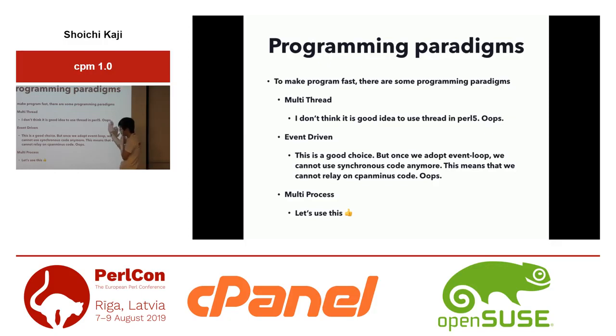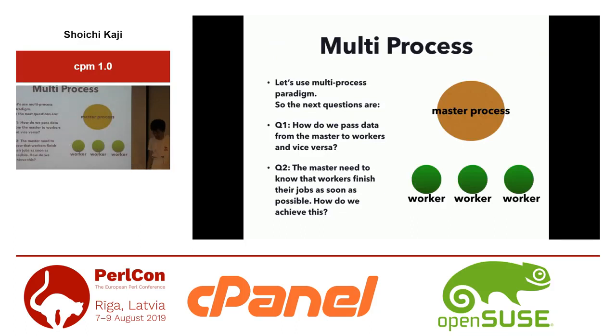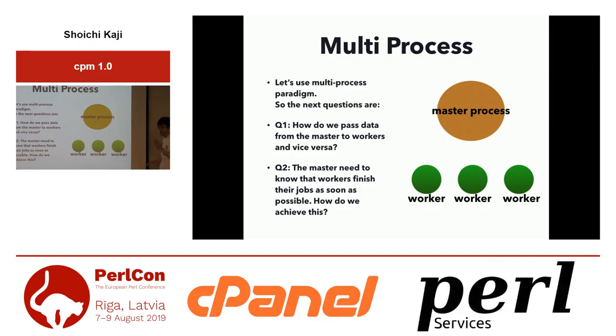So let's use multi-process. This is the traditional one, but let's see. Okay. Then the next questions are, how do we pass data from the master to workers and vice versa?